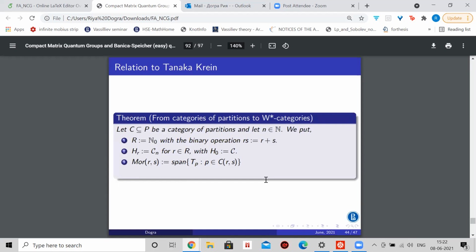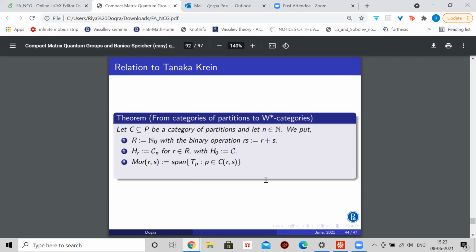So HR is probably Cn. I think it's the field of complex numbers, maybe. Yes, H0 is the complex numbers, but HR is probably some tensor power of Cn, because the operators TP act between tensor powers of the same space Cn, C to the power n.